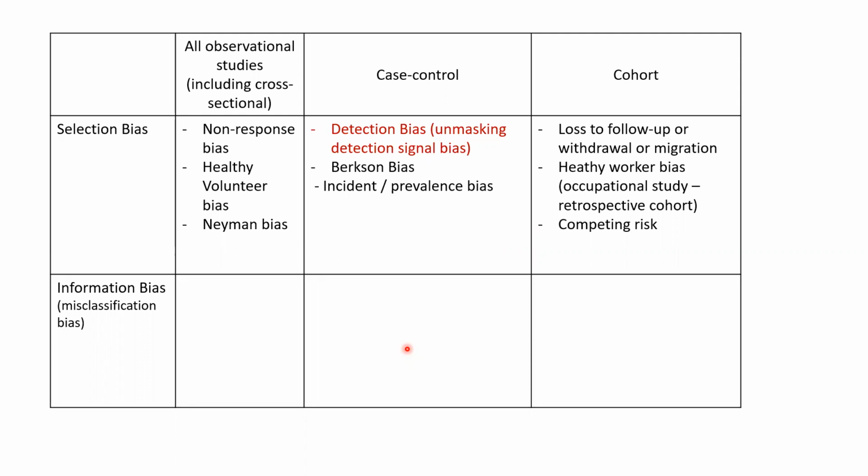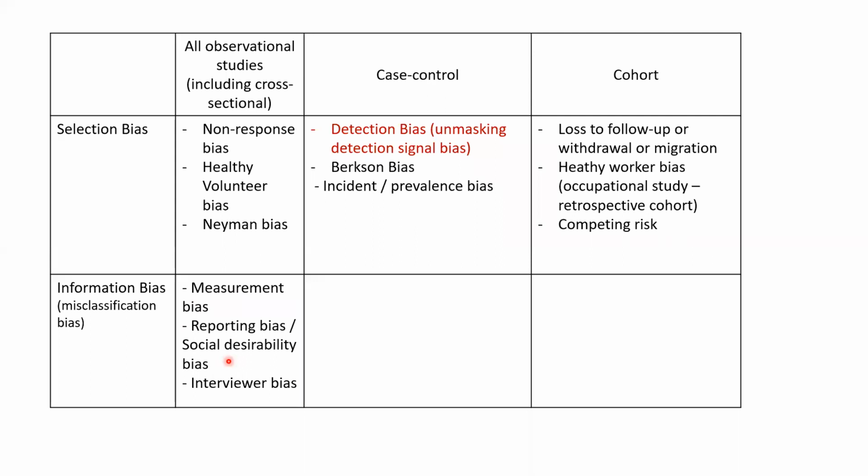Yes, so recall bias, as your classmate just said, is indeed an information bias. You usually see it in case control studies. We can also see it in observational and cross-sectional studies. Okay, so we also have, as you said, reporting bias or social desirability bias.